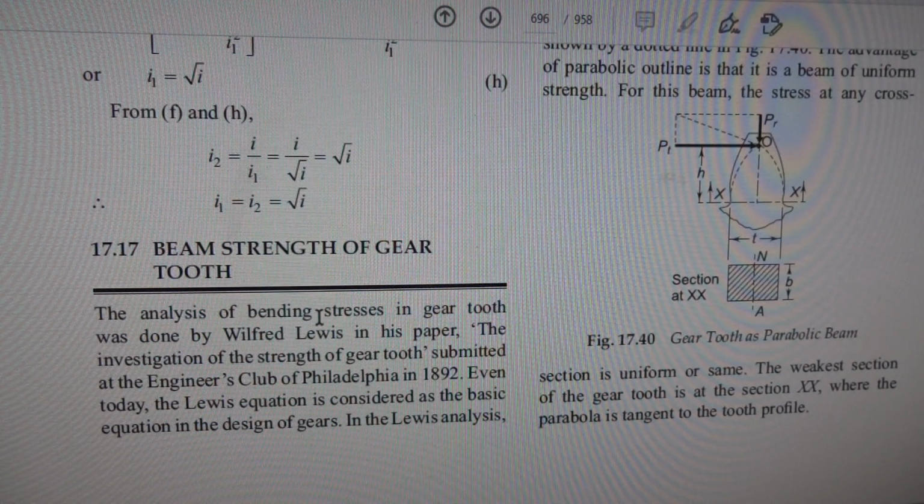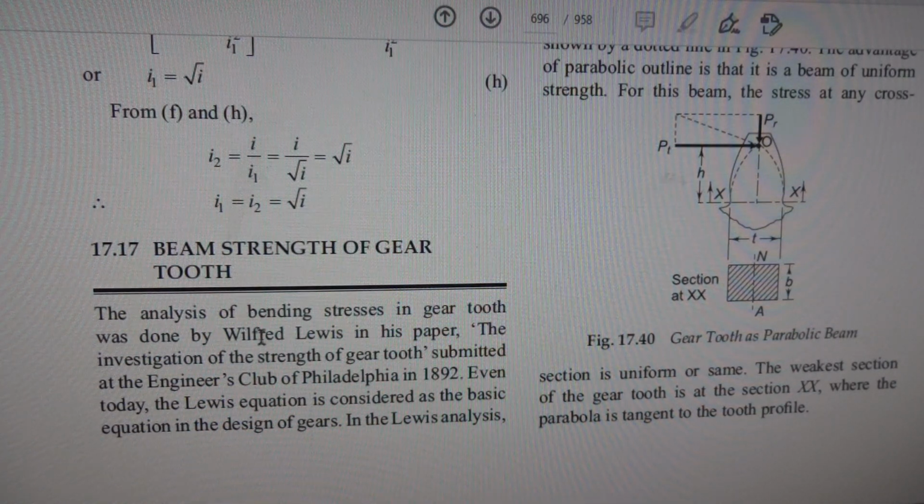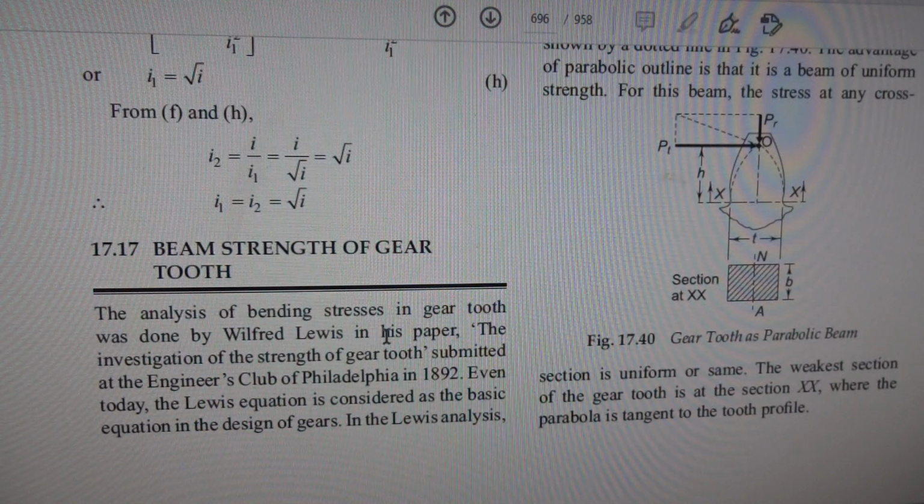The analysis of the bending stress in the gear tooth was done by Wilfred Lewis in his paper, The Investigation of the Strength of Gear Teeth, submitted at the Engineers Club of Philadelphia in 1892. Even today, the Lewis equation is considered the basic equation in the design of the gear.